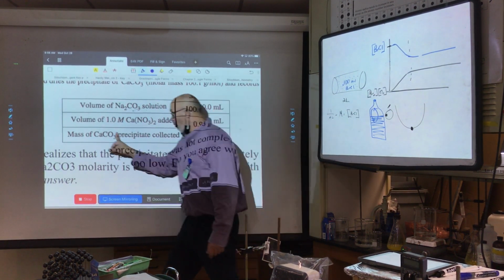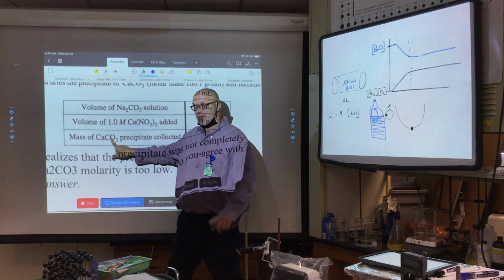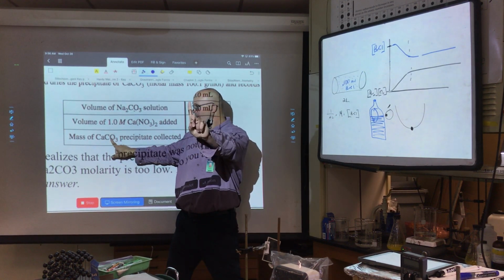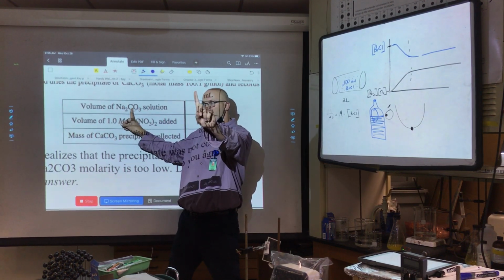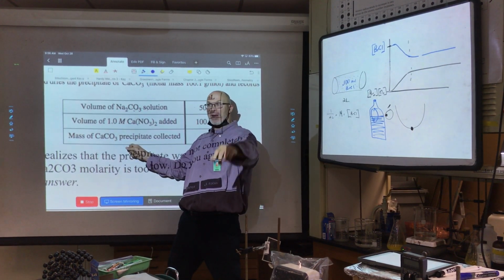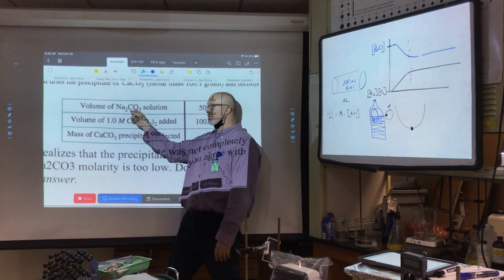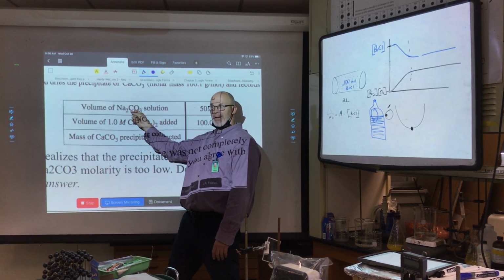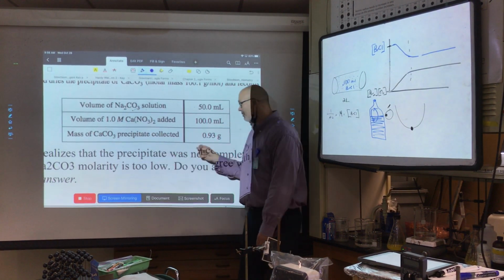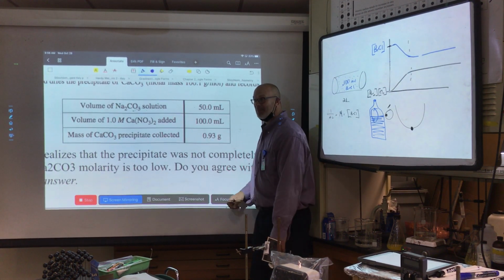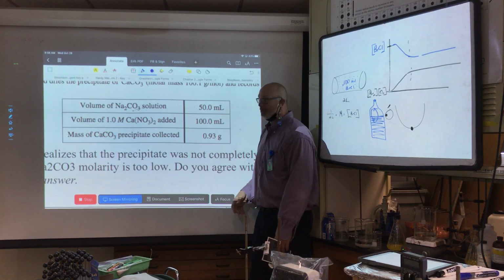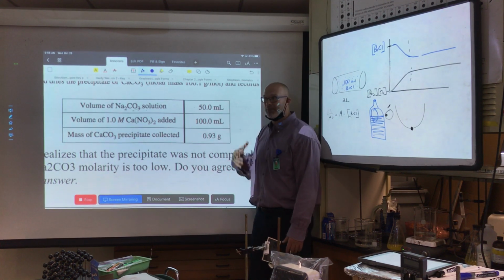Now, in one calcium carbonate, how many carbonates? Good. In one sodium carbonate, how many carbonates? So the moles of the calcium carbonate is the moles of the sodium carbonate. So all it's asking you to do is divide this by 100, the calcium carbonate formula mass, and that's the answer. Now, that's exactly what they had to do. And this is exactly what you did in lab.